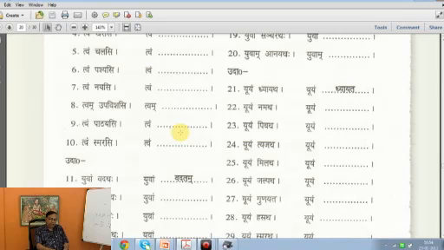For example, let us take 23rd. Yuyam Pibatha should be understood as you all are drinking. When you do it in imperative mode, Yuyam Pibata, you drink. In order form, you drink. Yuyam Tyajatha, you all are giving up.